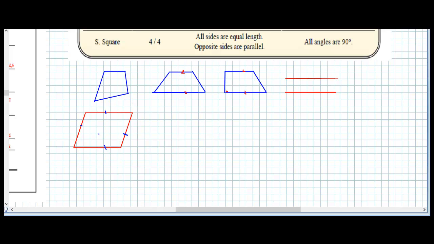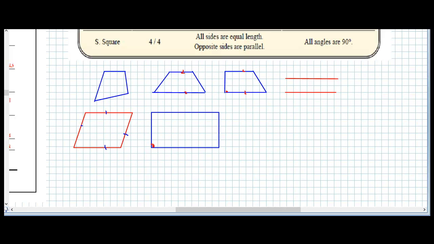Let's go next. If the parallelogram has one right angle, then I will have a rectangle, because one angle of the parallelogram became a right angle here.